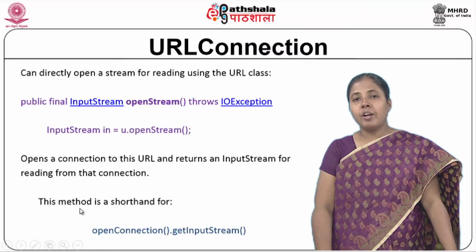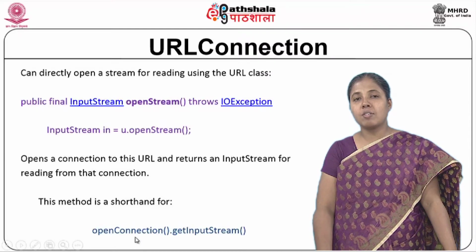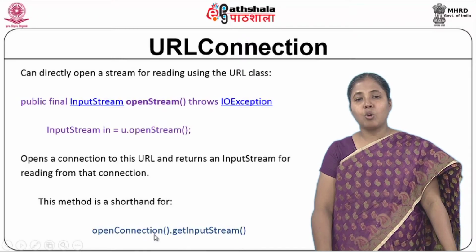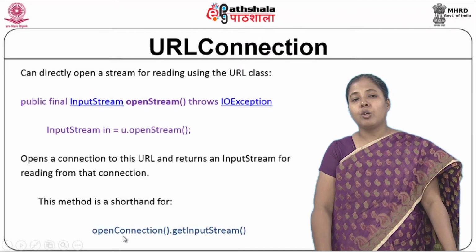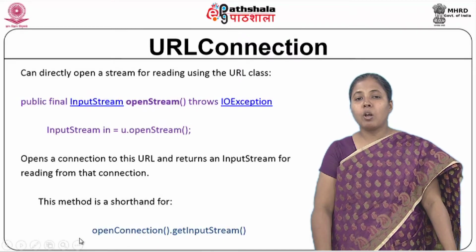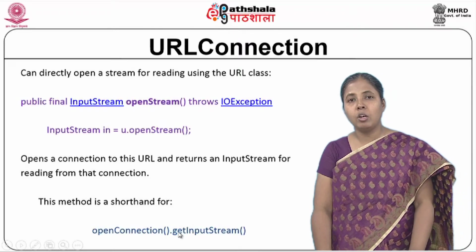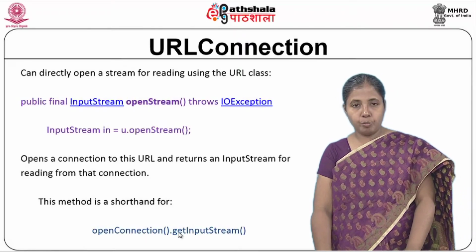The shorthand of using this method will also look like this. openConnection is actually giving us a URLConnection object. So, instead of using a URLConnection object, you can directly use the openConnection method dot getInputStream, which will also return an input stream. So, you can directly use the openConnection method of the URL object dot getInputStream, which would return an input stream to read the data from the URL.